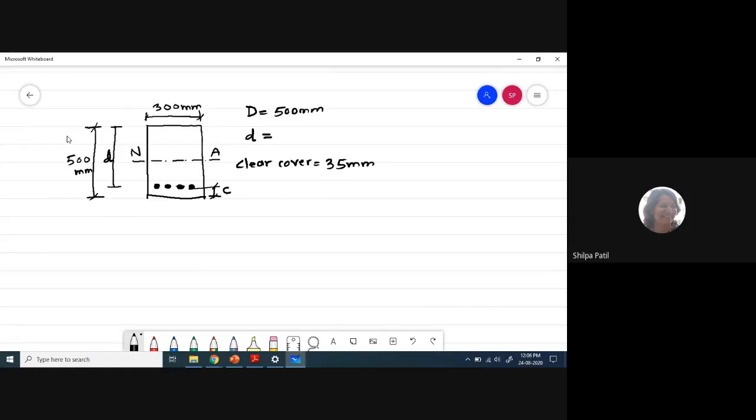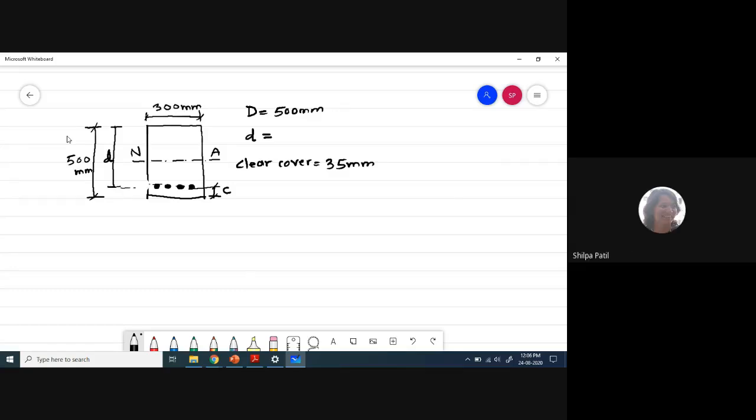So how to find out now the effective depth? D minus C. Overall depth minus cover. Cover is 35, it is clear cover. I want to find out the effective depth at the CG of the steel. Ma'am, also minus the half diameter of bar.